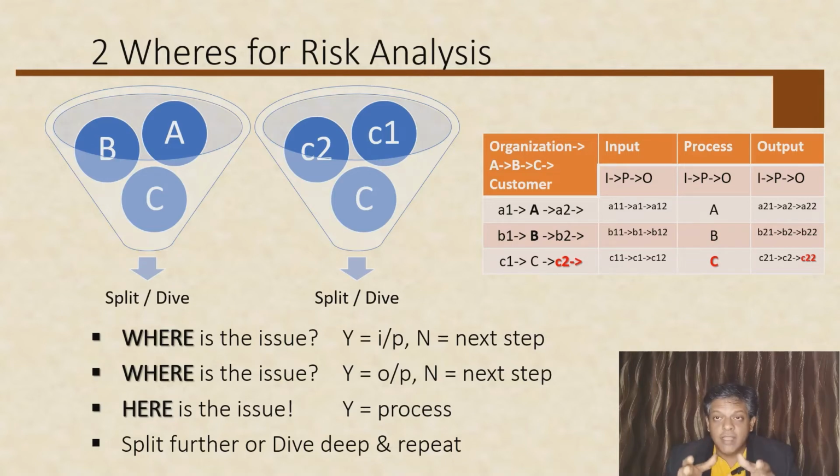And this would still be the input end of the process C. At the output end of process C, since the output is C2, you would have C21 as the input for C2 and C22 as the output. So this is how you would examine each and every process from macro to the micro level by the simple application of this 2 words method.